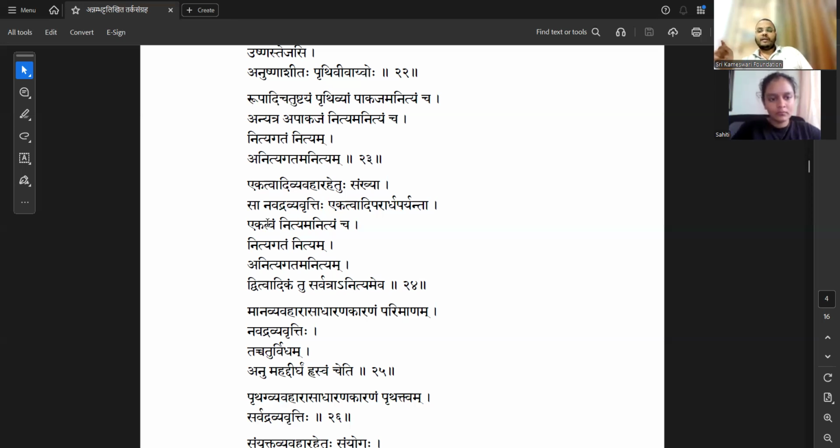This cannot arise without counting. So it has a very limited period of time. Even though there are 2 Paramanus, you cannot count them as you count the objects in front of you, because you cannot see the Paramanus.